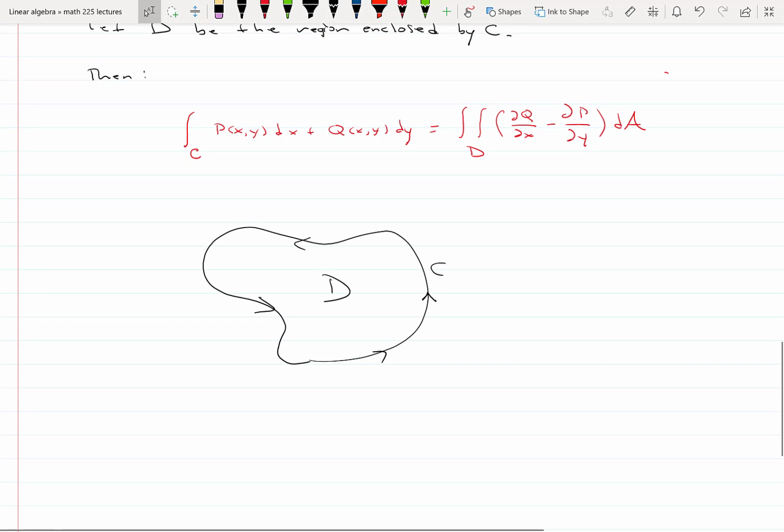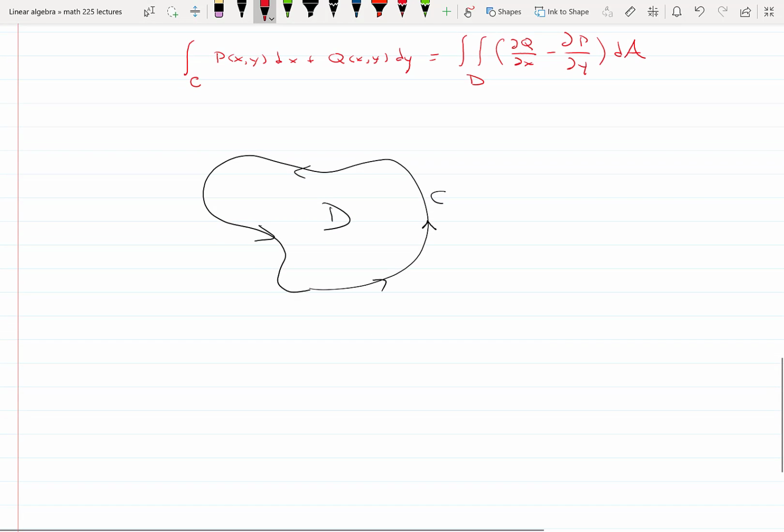Okay. Now, before we look at some examples with Green's theorem, there's a symbol that's often used as a special symbol for the line integral portion of this. We may write for the line integral symbol, the integral sign, the curve C, and with a little circle written around the center of the integral.